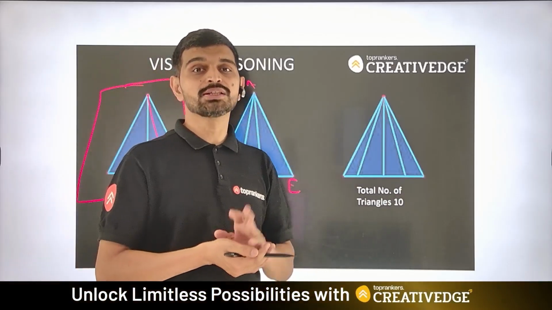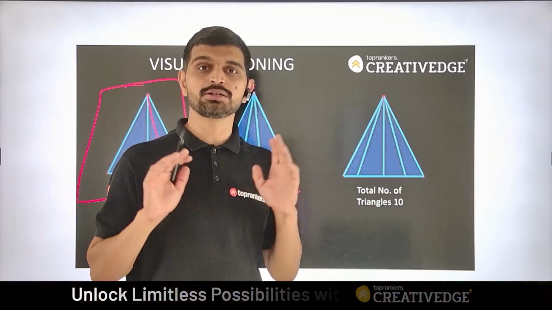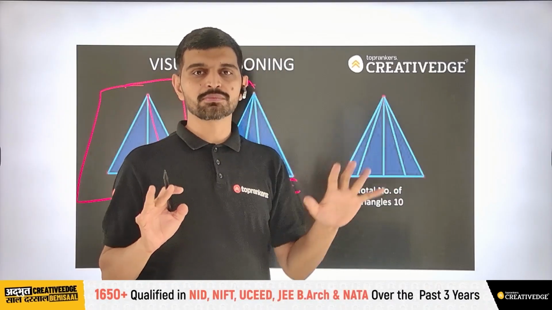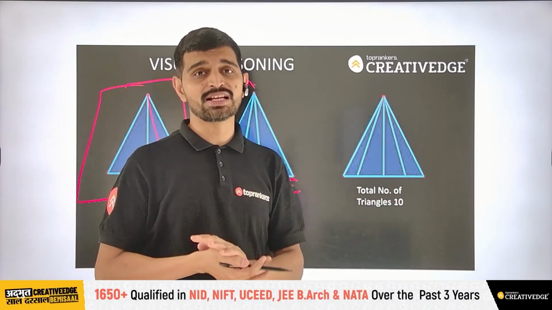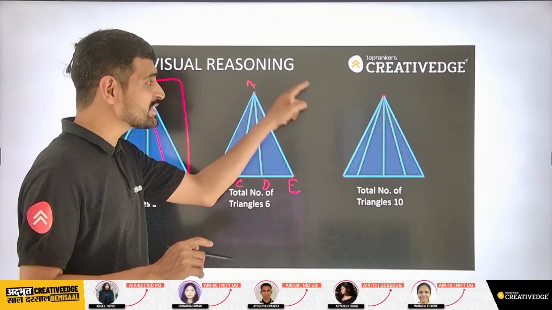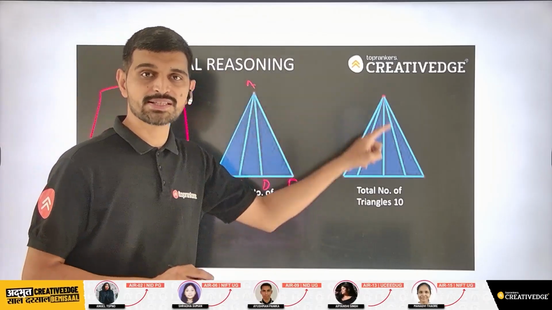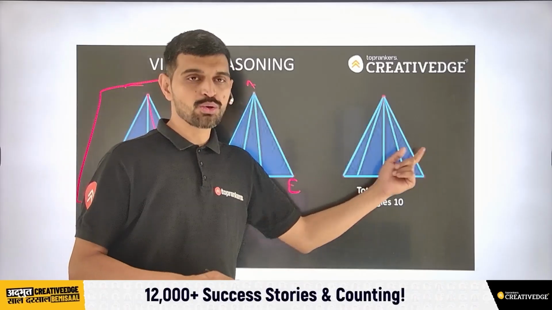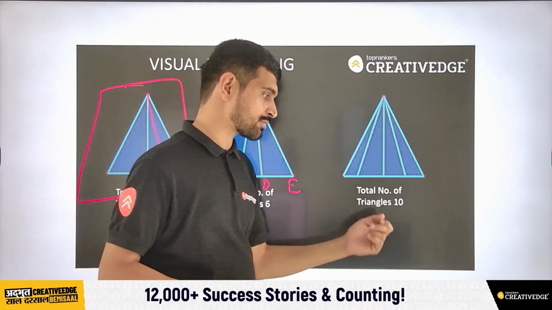I'm not saying the same shape will be there in your final exams, but it could be a component of the larger or complex figure given to you. So please identify these elements in your figures, and you don't have to count individually for these figures.